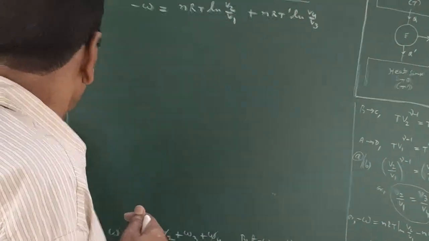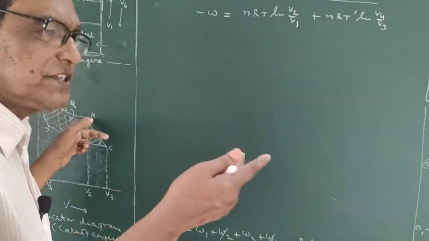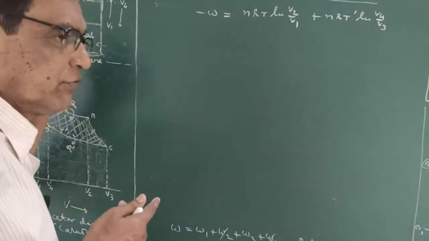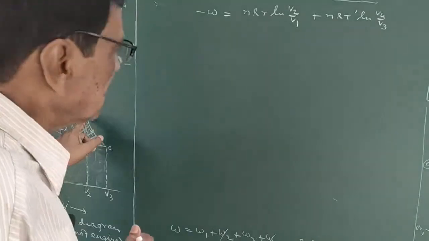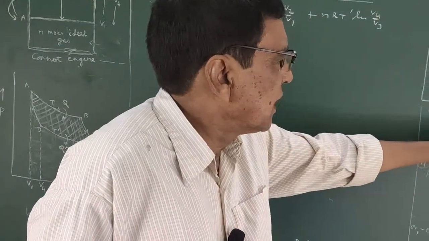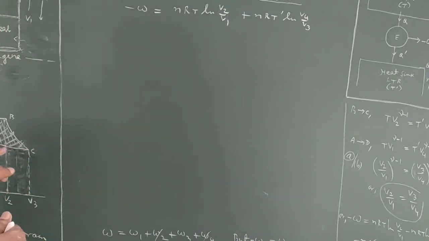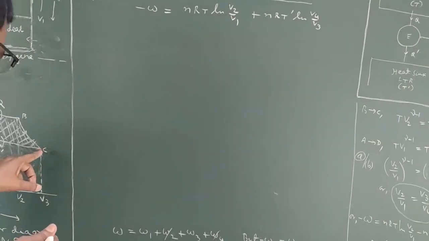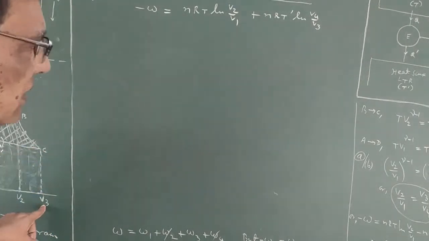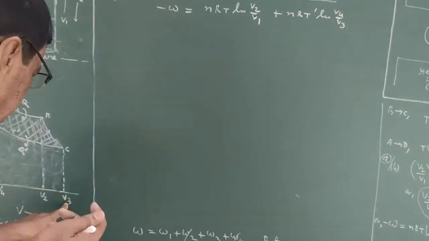So in this case, at this position temperature T and volume V2, and gamma is the heat capacity ratio for the fluid used in the Carnot engine. So this one is T V2 to the power gamma minus 1, and at this position it is T dash, the temperature getting down, and V3 to the power gamma minus 1. So this is the equation, say A.